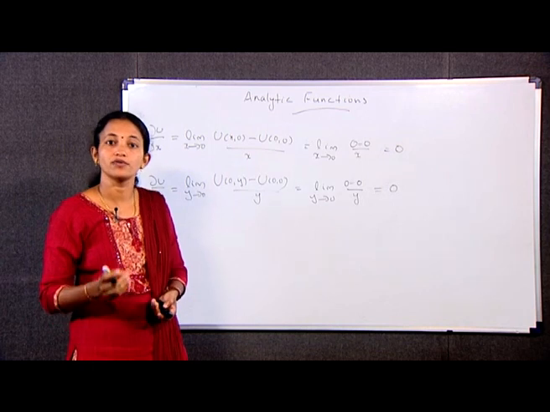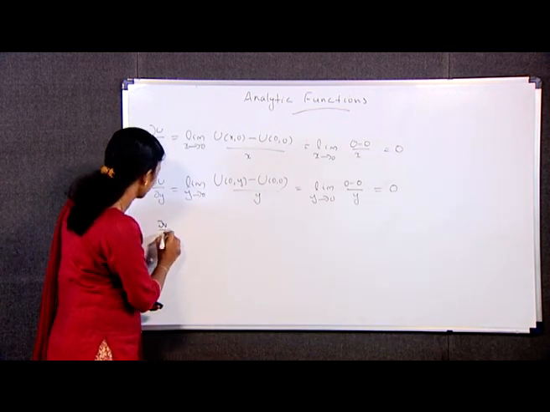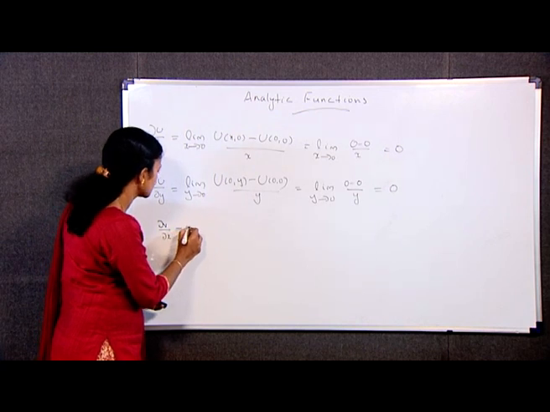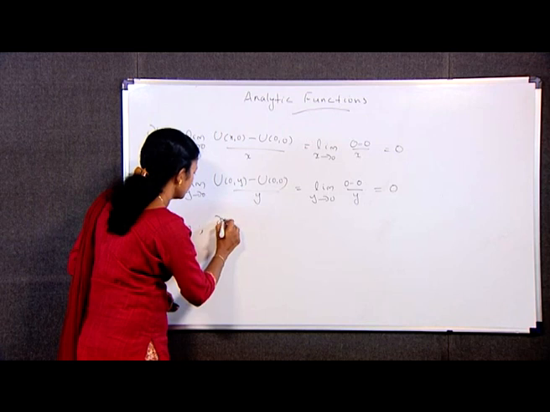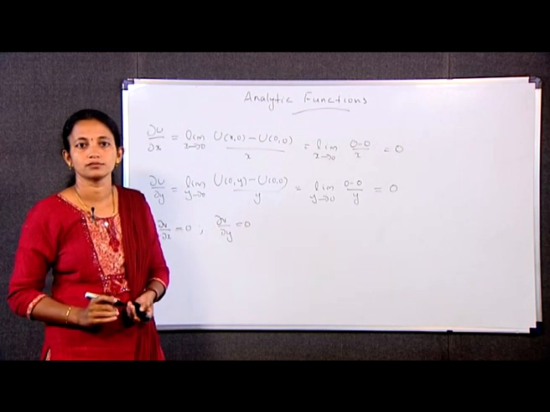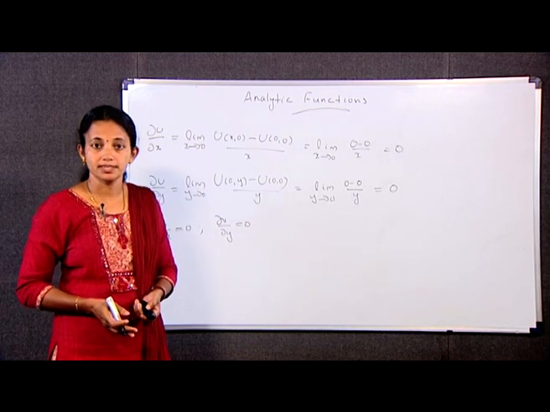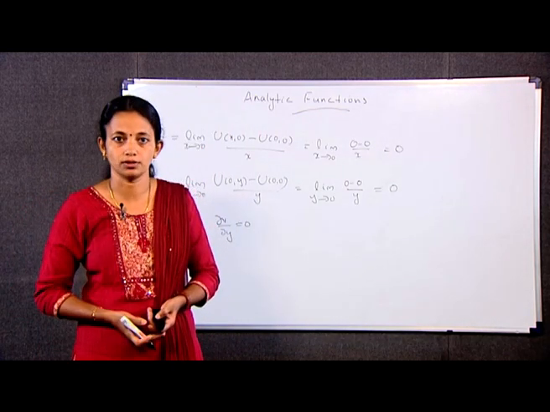Similarly, dou v by dou x is equal to 0, and also dou v by dou y is equal to 0 at the origin. Hence, the Cauchy-Riemann equations are satisfied at the origin.